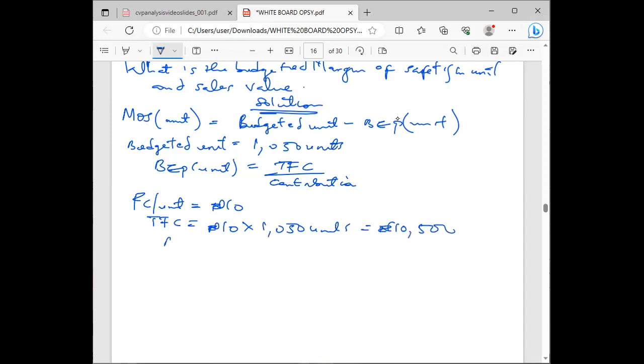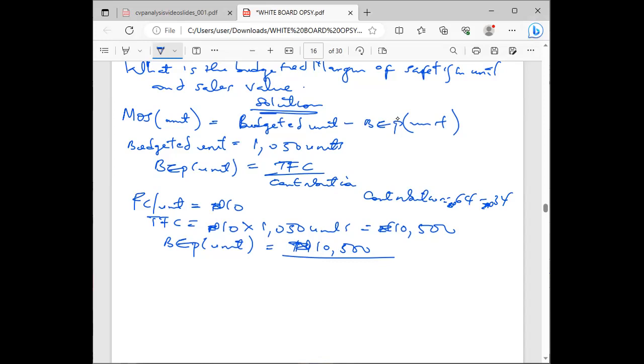So BEP in units is equal to total fixed cost of 10.5 divided by contribution per unit. What's our contribution? Selling price minus variable cost, 64 minus 34. Please, when it comes to PM, always indicate your unit of measurement. If it is unit, put unit.